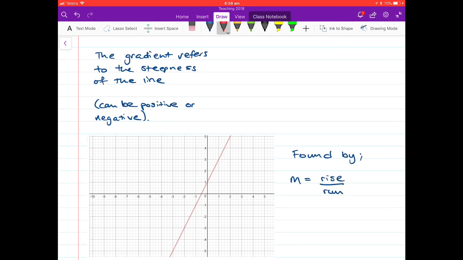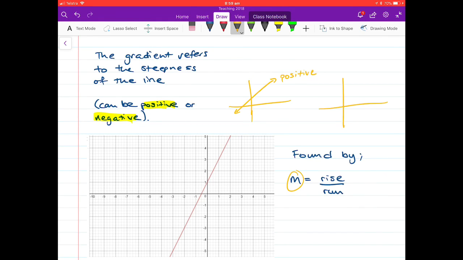Moving down here now to the gradient, which we know refers to the steepness of the line, and it can be positive or negative, depending on which way the line is going. If you have a line running this way, that will give us a positive gradient, which is that m part.